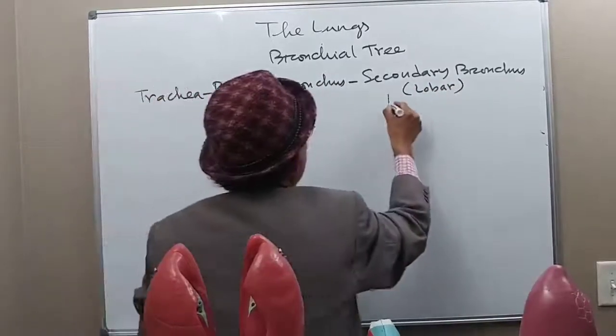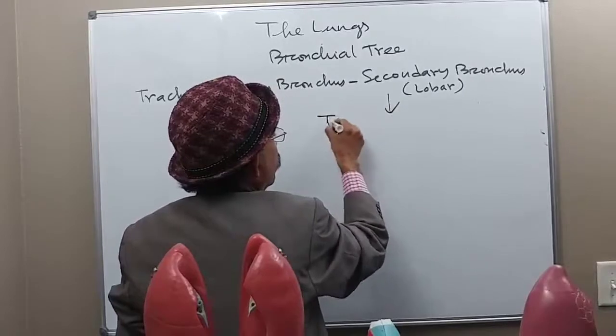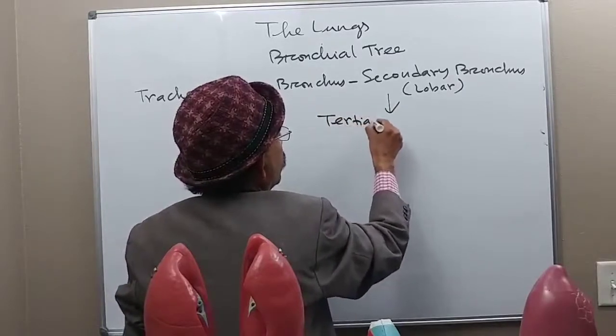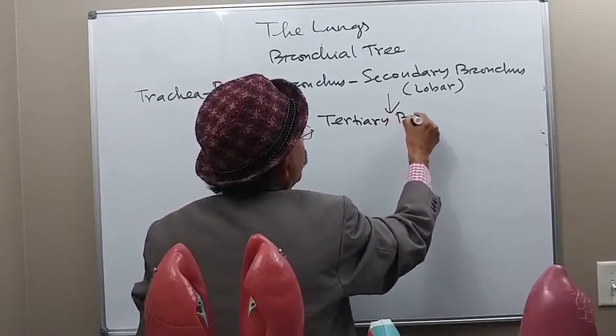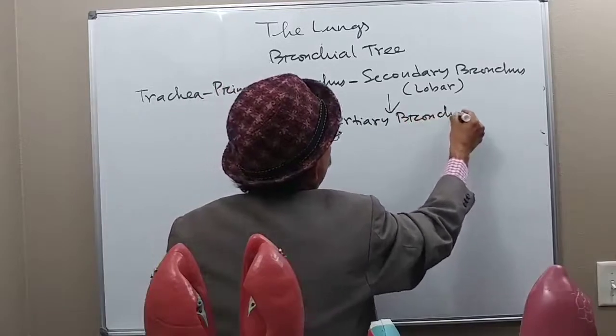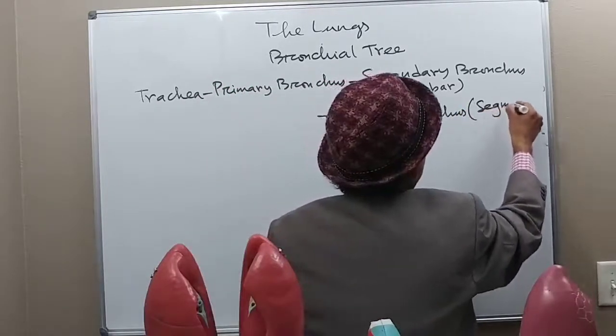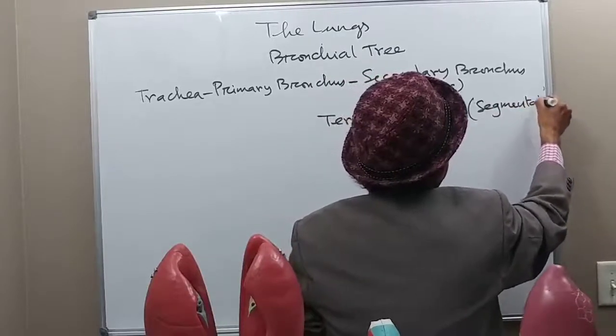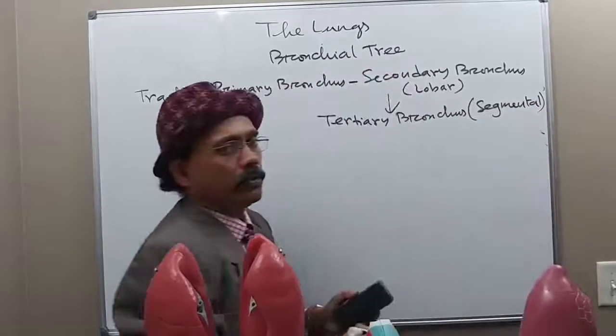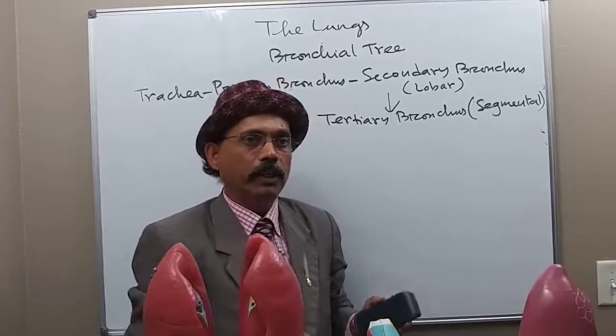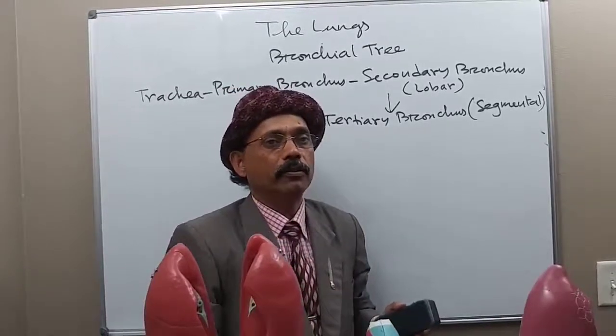Then we'll go to the tertiary bronchus, also called segmental bronchus. This division will continue, nearly 15 to 17 divisions.